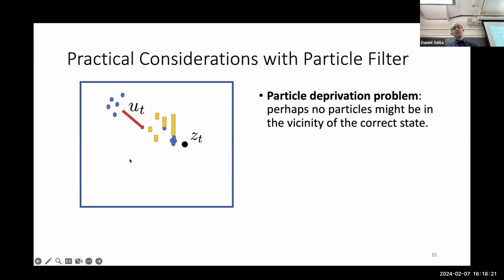But what if ZT was a noisy sensor and the real location is farther, somewhere over here, right? And then suddenly we don't have any particles that are actually close to it. And then in subsequent steps, it's less likely that any of the particles are actually close to the real state.